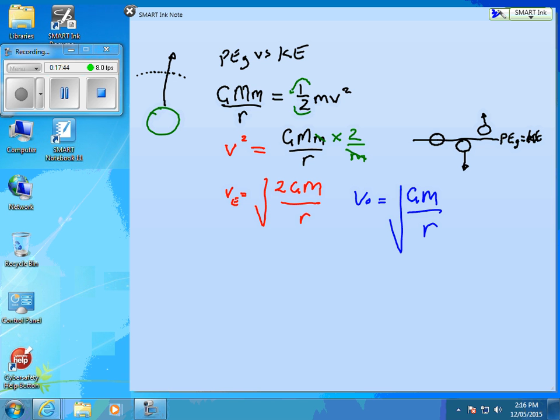You have to be going square root of 2 times faster than the orbital velocity. So pretty much all the 2 does is say a little bit faster than the orbital. But how much is a little bit faster?